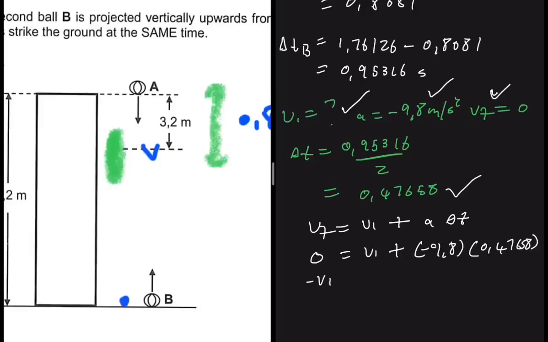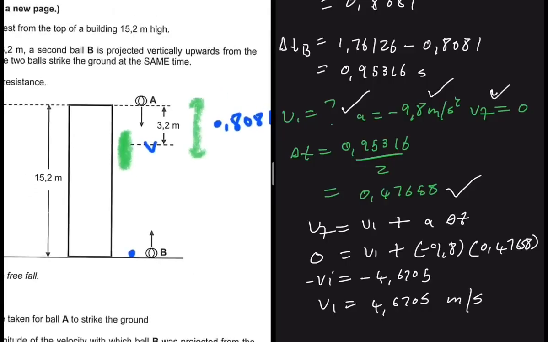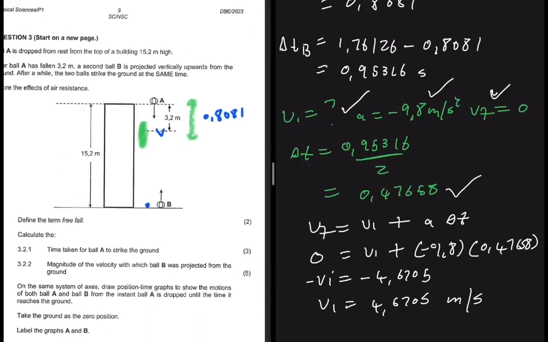So minus VI is equal to minus 9.8 multiplied by 0.47658. Right, so I get minus VI being equal to minus 4.6705, and then VI is equal to 4.6705 meters per second. That is the initial velocity with which ball B is projected upwards.